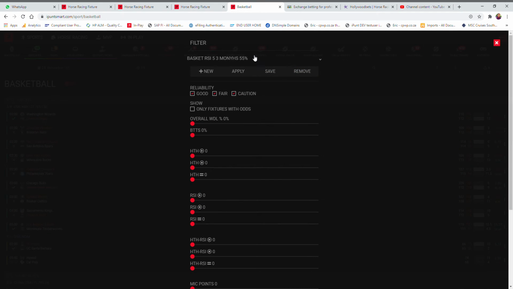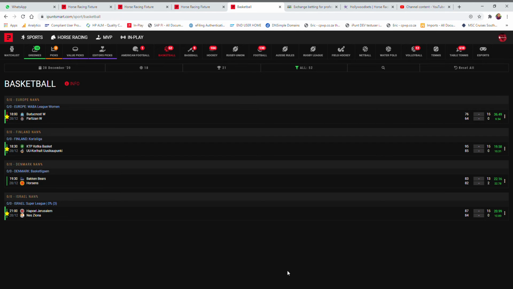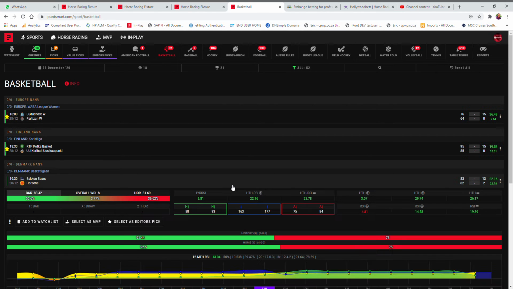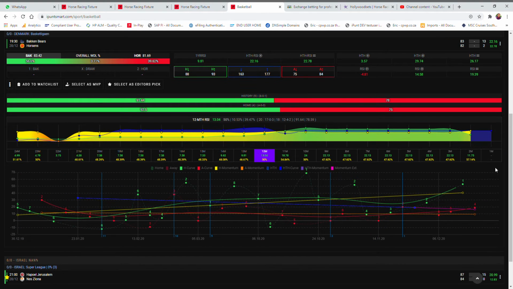Yeah, I've got the 3-month RSI at 10 and 55% as another one. So let's do that, 55% and the 3-month RSI at 10. Okay, so there's one more, and that's this one here, Denmark, and that is also looking pretty decent.